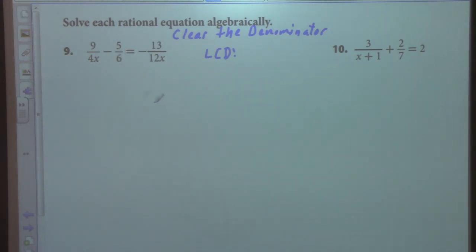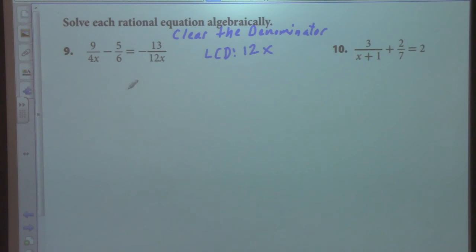Steve-O says 12x, so let's try that. Is 4x included within 12x? Yes. Is 6 a factor of 12x also? Yes. So 12x is going to be the least common denominator between all of those.